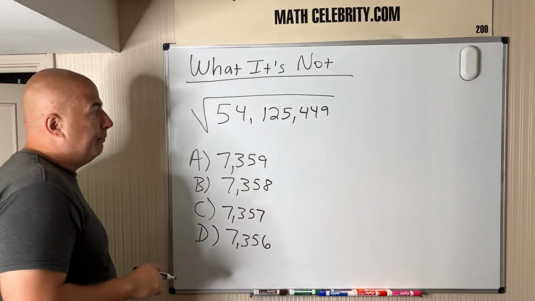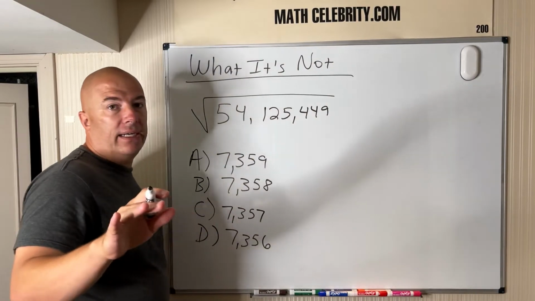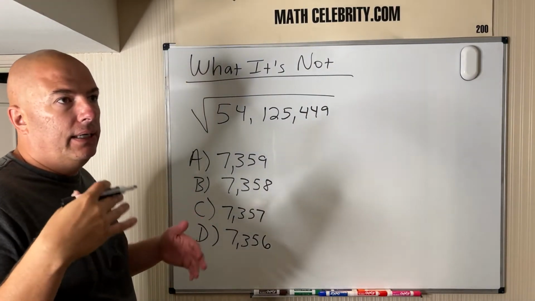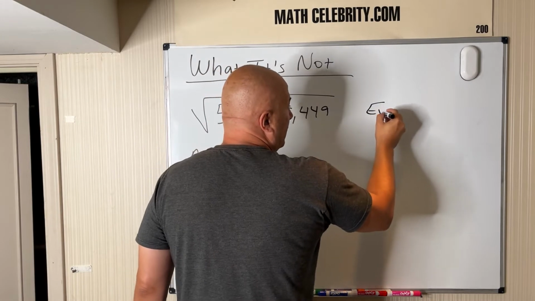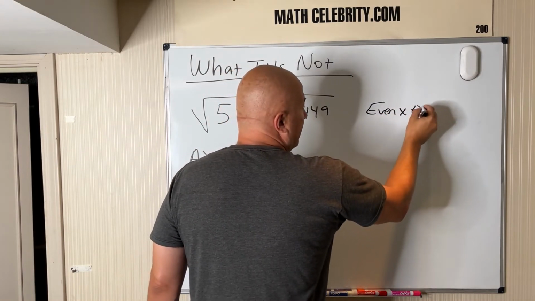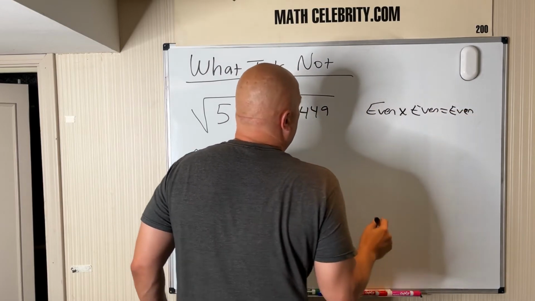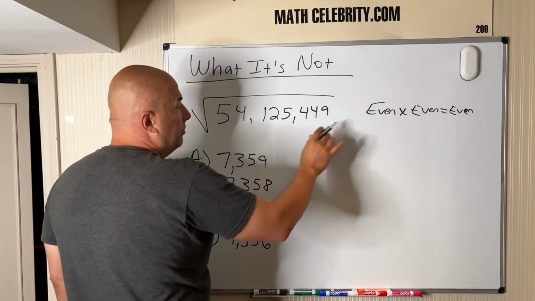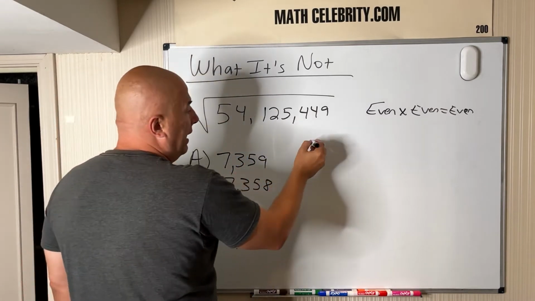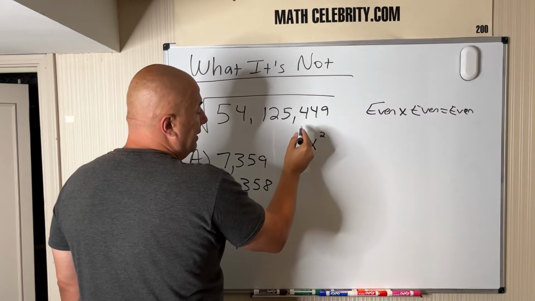So to start, we learned early on, probably before we were in our teens, that an even times an even equals even, right? So I know, based on that principle, there's some number x, and x squared has to equal this.